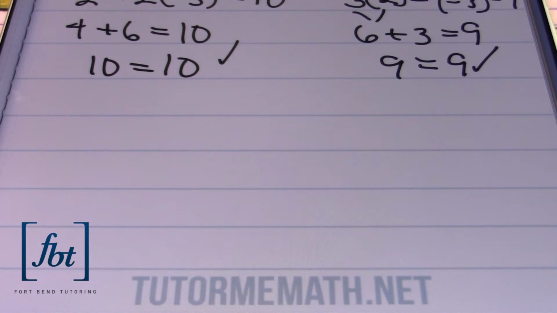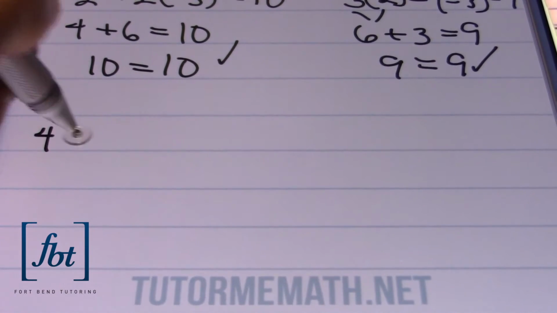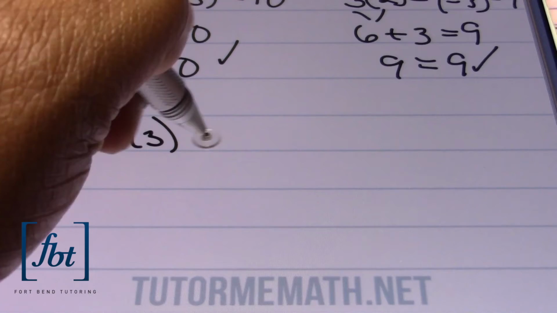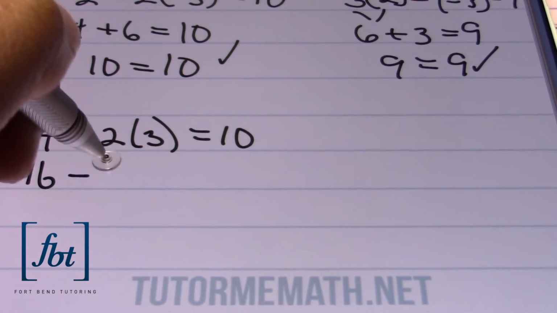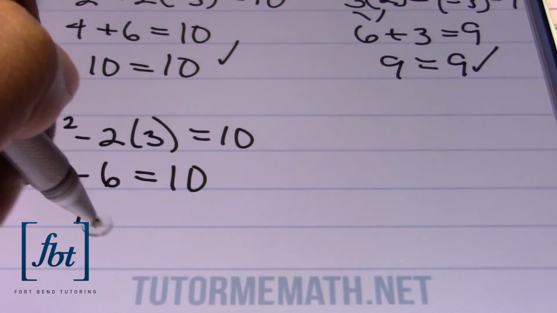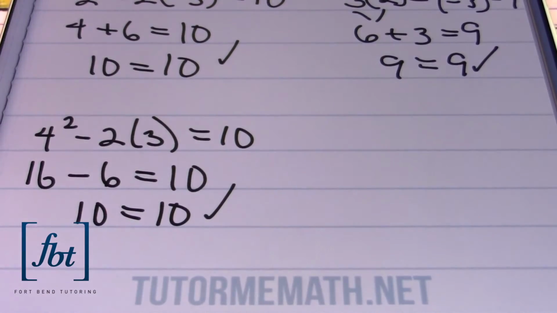So replacing all the x's and y's with 4 and 3 respectively in our original system, we'll have 4 squared minus 2 times 3 equals 10. Well, we know that 4 squared is 16, and 16 minus 6, yeah, that does equal 10, doesn't it? So therefore, the first equation works just fine with the point (4, 3).